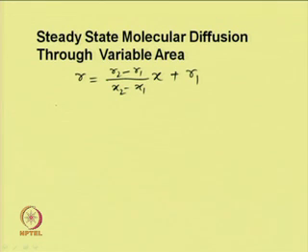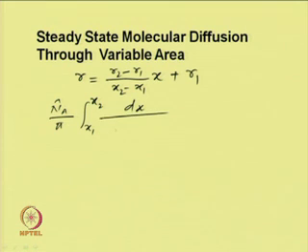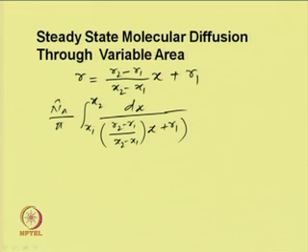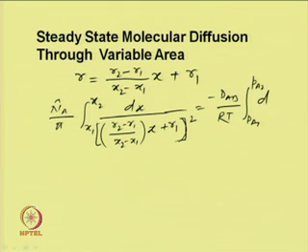So, it will be Na cap by pi integral x1 to x2 dx by R2 minus R1 by x2 minus x1 into x plus R1 whole square is equal to minus dAB by RT integral PA1 to PA2 dPA.